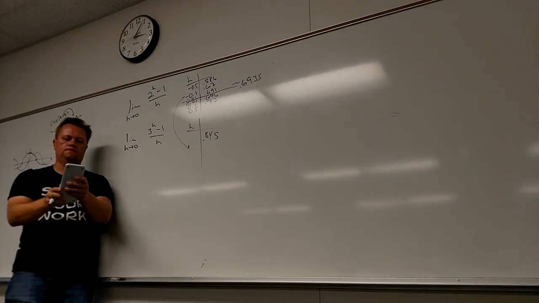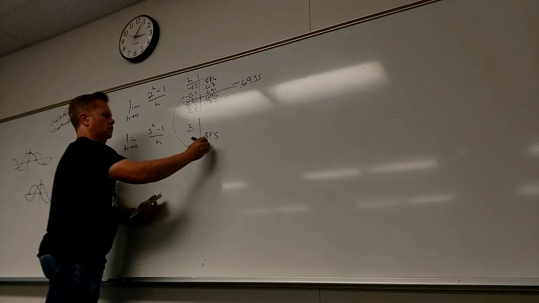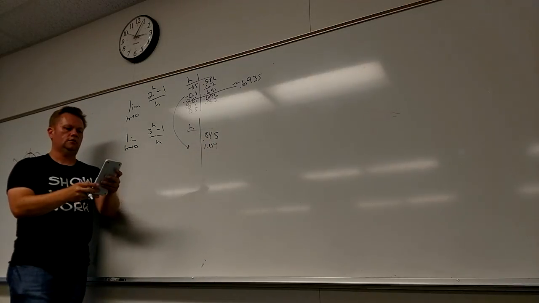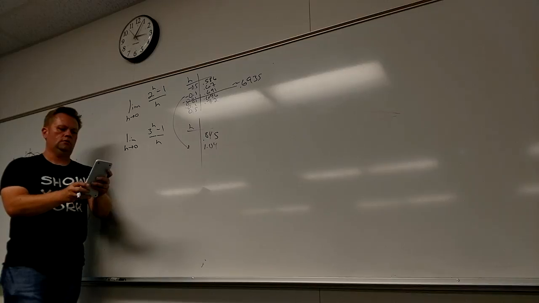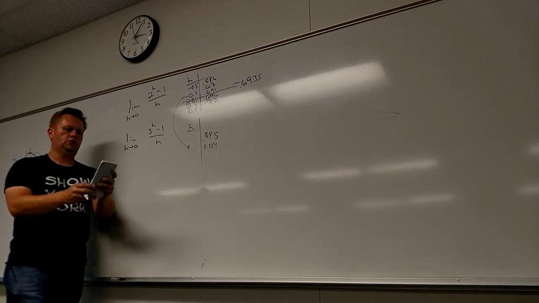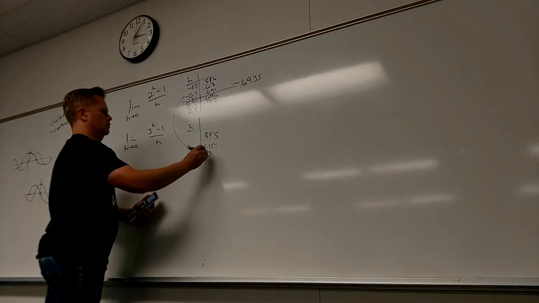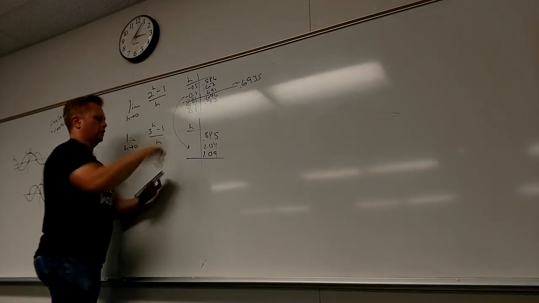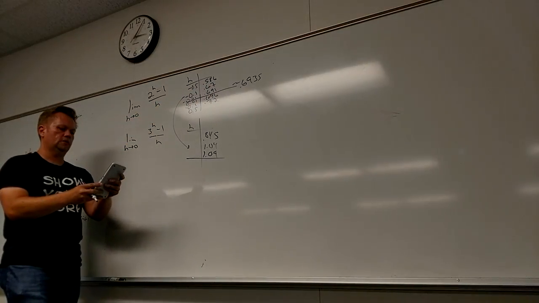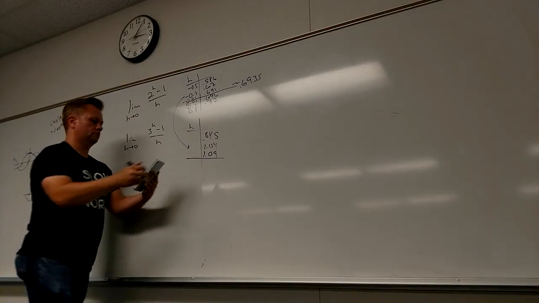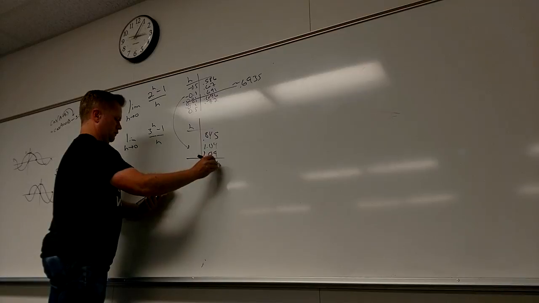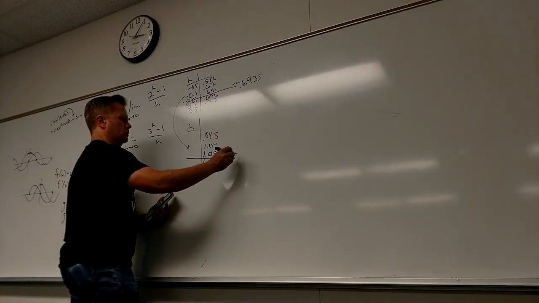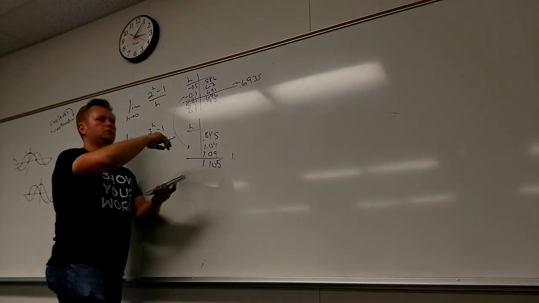Just don't want to rewrite them. 1.04. 1.09. That's the bar right there. And then if we put 0.01 just to cut to the chase here, 1.105 it looks like.